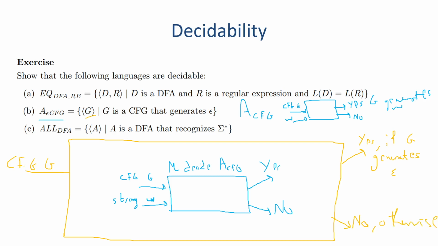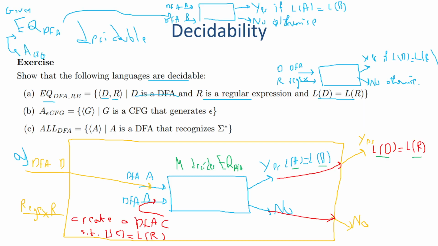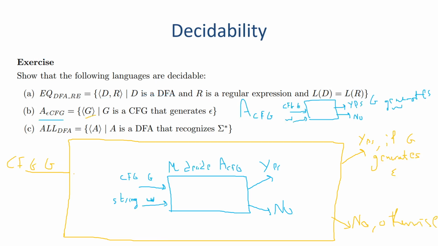Which is interesting. Now, unlike before, where we were taking two inputs like DFA D and regex R and plugging them into two inputs, here we only have one input, but it needs to be split into two inputs. Okay, this is just like before, straightforward.